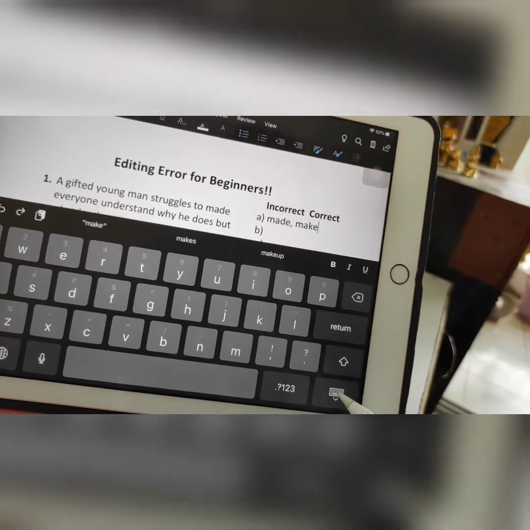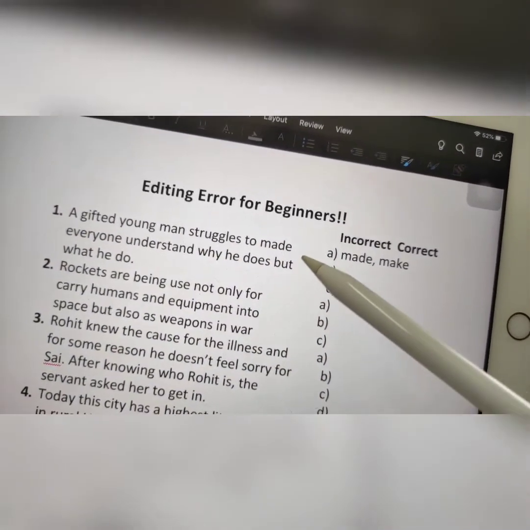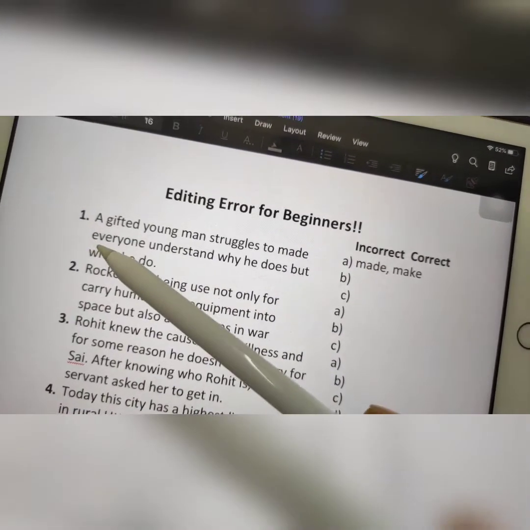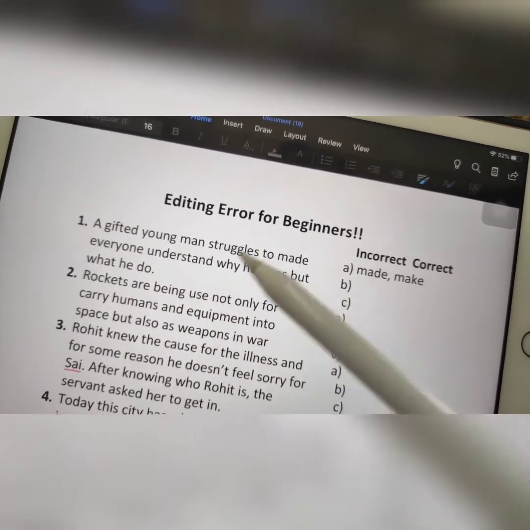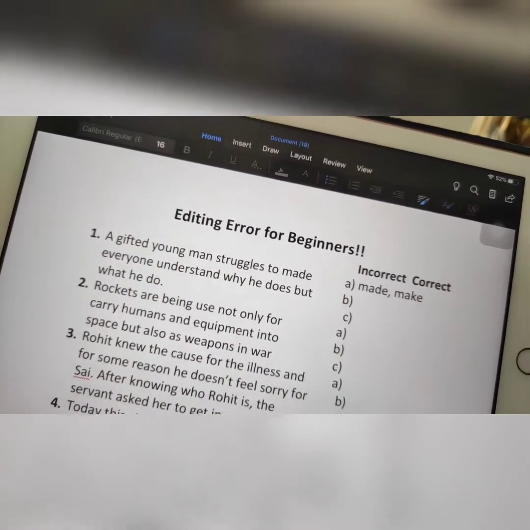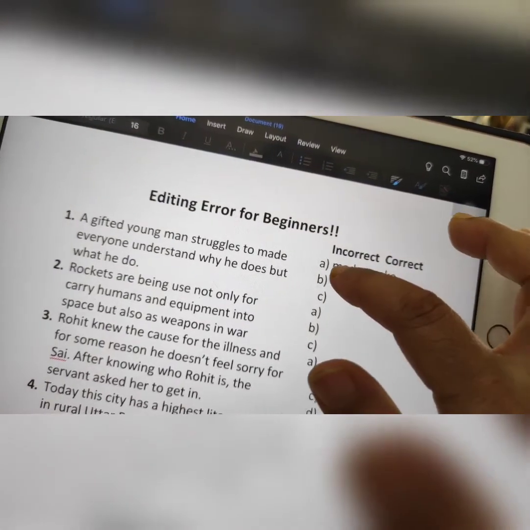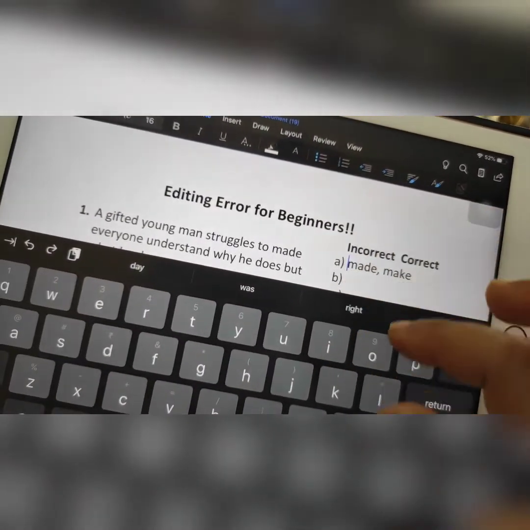Now let us move on to the next line. Everyone understand why he does but and what he do. There are two things which are there, why he does and the other one is what he do. So it should not be but here. So we will make the correction over there in the second line.